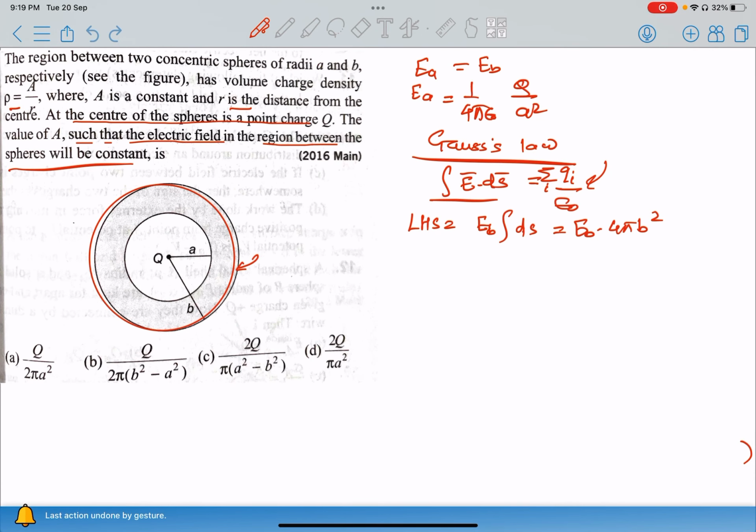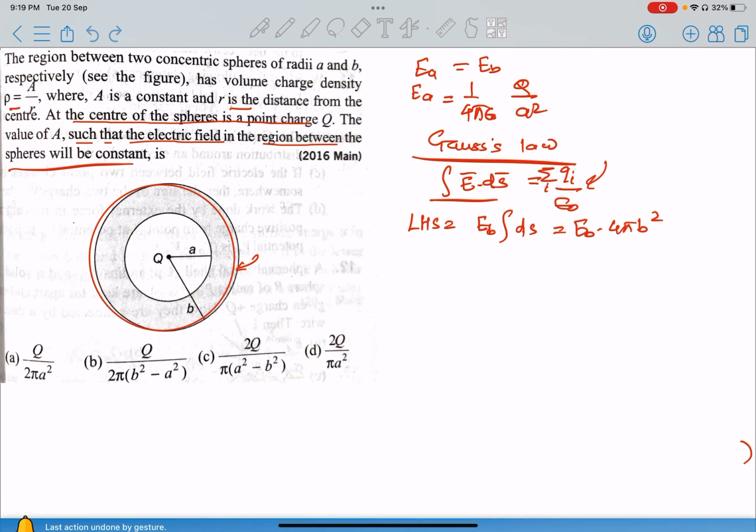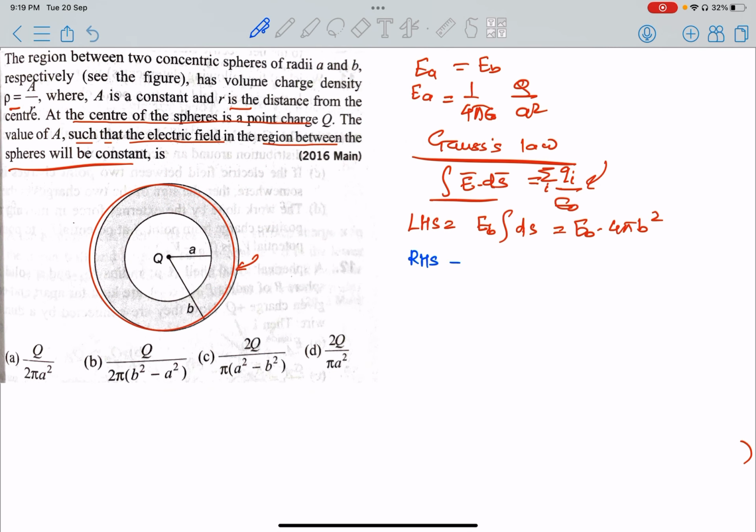In this formula, we have calculated the LHS. Let us try to find the total charge enclosed in this sphere of radius B. The total charge is 1 upon epsilon naught times, and what is the total charge? The total charge included in this sphere is the point charge Q plus the charge because of this shaded region.